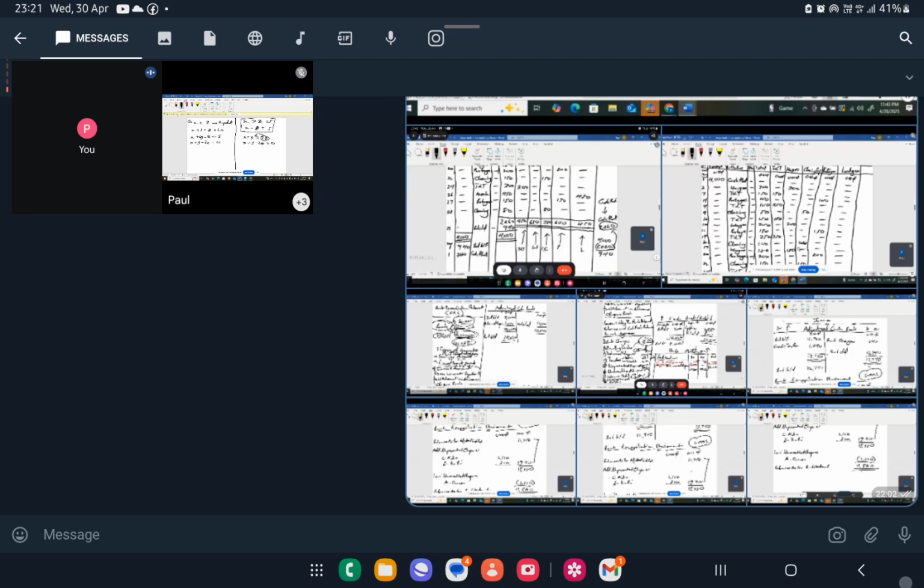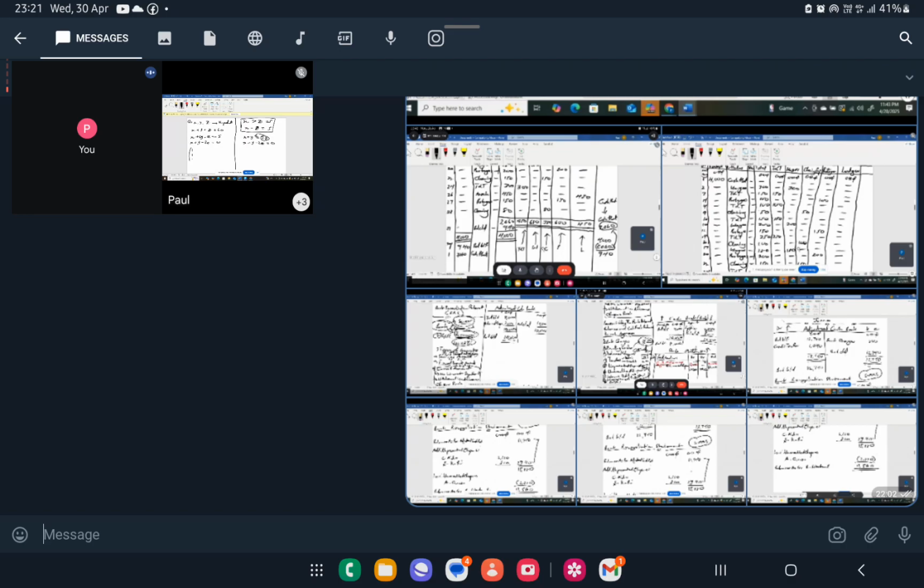Now, this is a matrix question. It says to determine the production of each product using Cramer's rule. So using Cramer's rule, you have to resolve them into matrices. We need the coefficients.